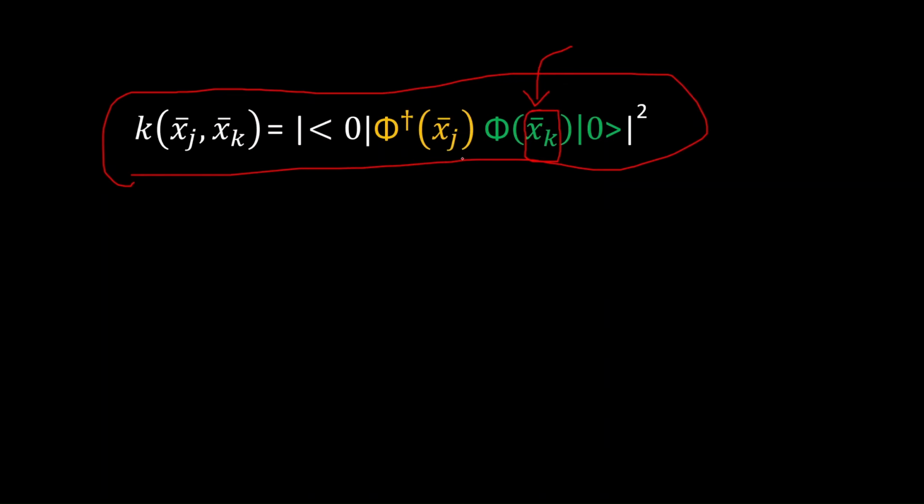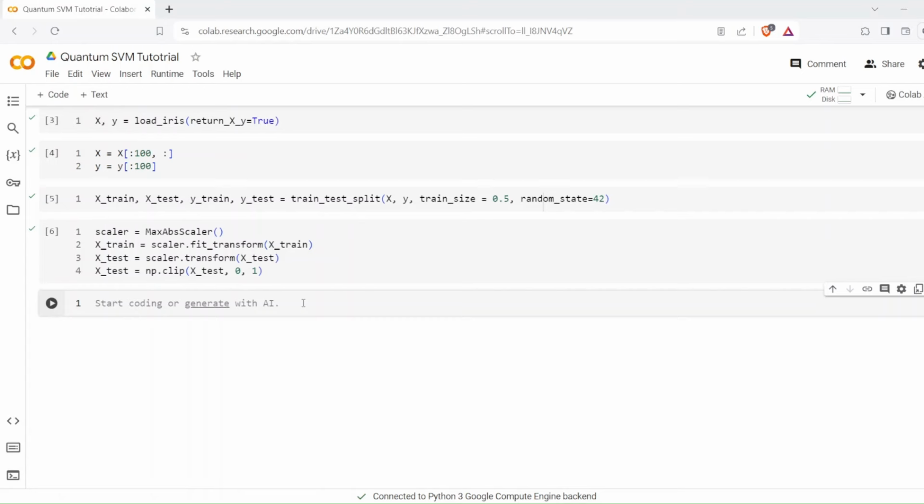And then we would also need to define a circuit phi dagger that will be just the adjoint of this circuit. So that is just reversing the gates from right to left and taking the inverse. But so this is what we actually need to define, right? So let's get to Colab and see how that can be done.